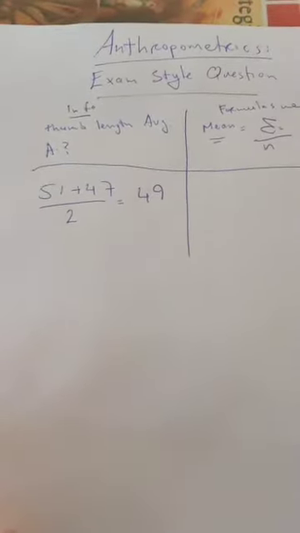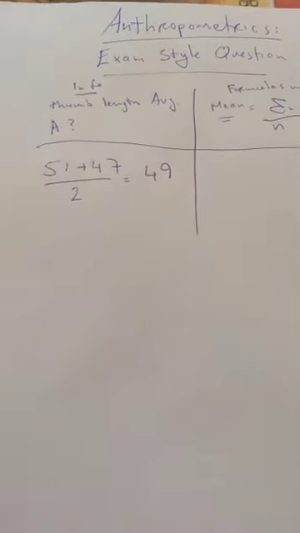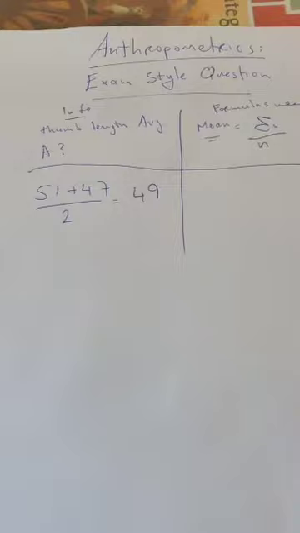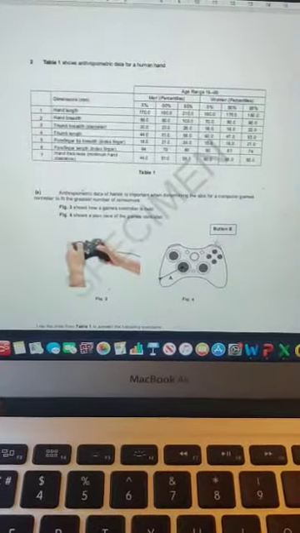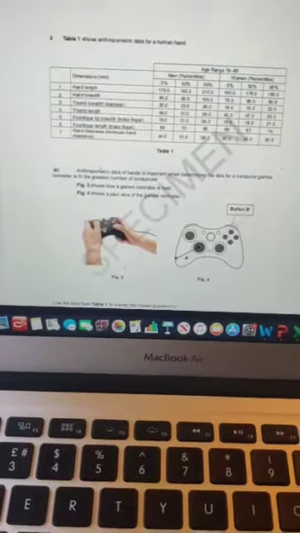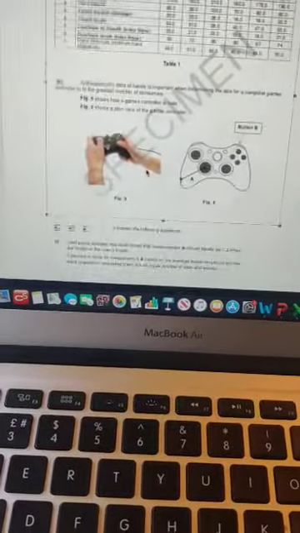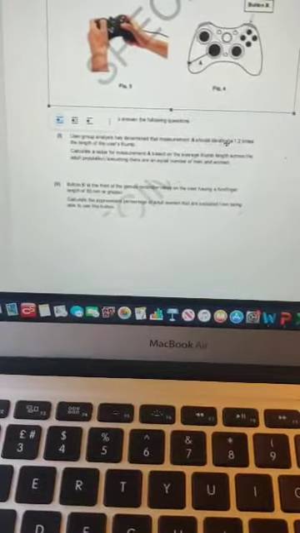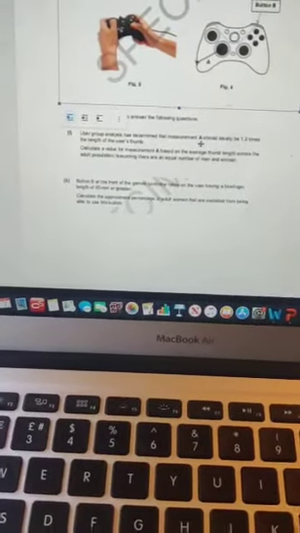The next thing that we need to look at, if we go back to the question, is that the question is asking that A should ideally be 1.2 times the length of the user's thumb.